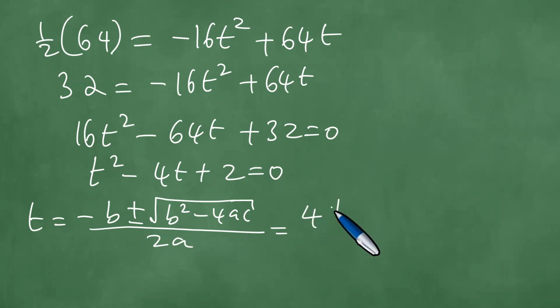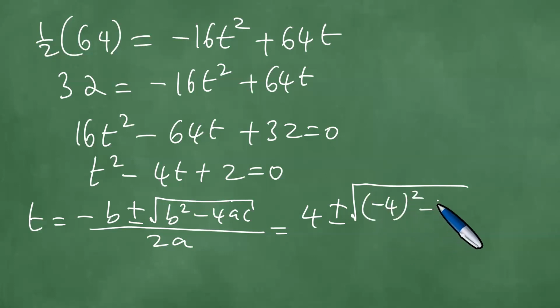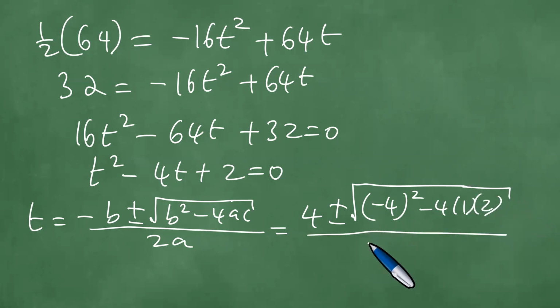Which means it is 4 plus or minus the square root of minus 4 squared minus 4ac, all over 2a.